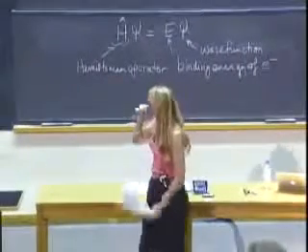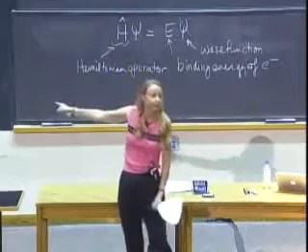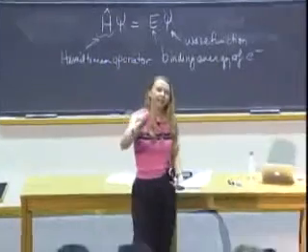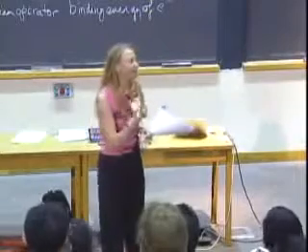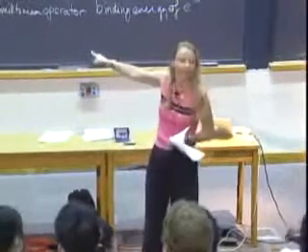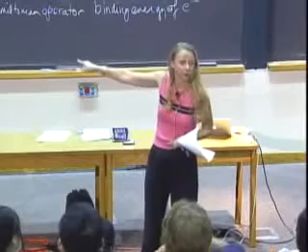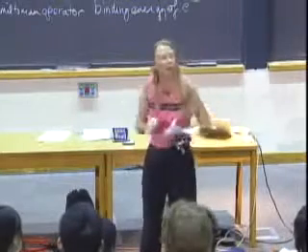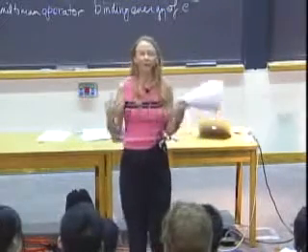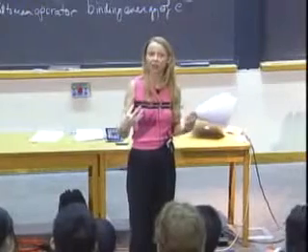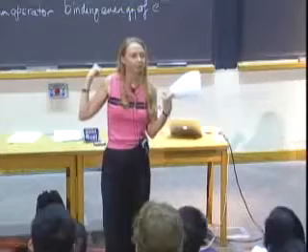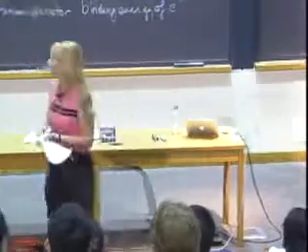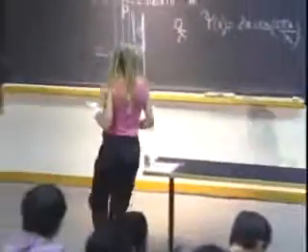And then he said, well, what I really need here is an equation of motion. I need to know how psi changes with x. So if you want to know how psi changes with x, what would you do to psi? Take the derivative.